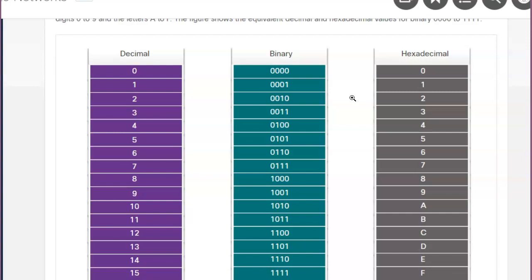So you want to make sure you understand the differences between decimal, the binary configuration, and the hexadecimal values. So 10 equals A, 11 is B, 12 is C, 13 is D, 14 is E, and 15 is F.